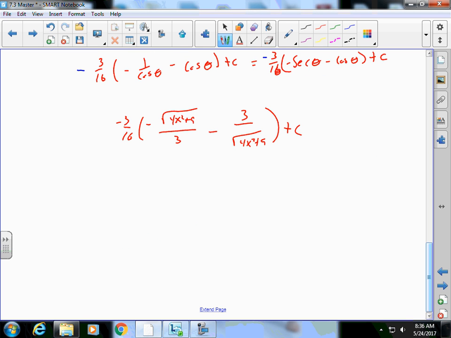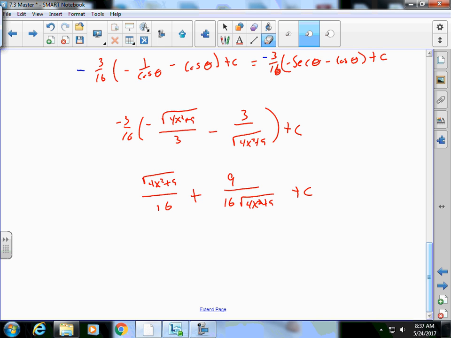I'm going to distribute everything, so all my terms are going to be positive, and with 4x squared plus 9 over 16 plus 9/16 4x squared plus 9 plus a constant.